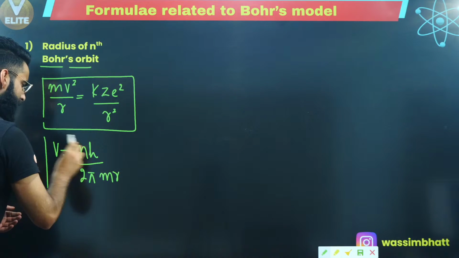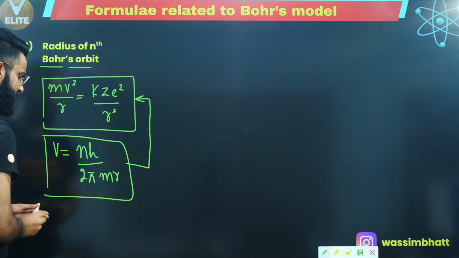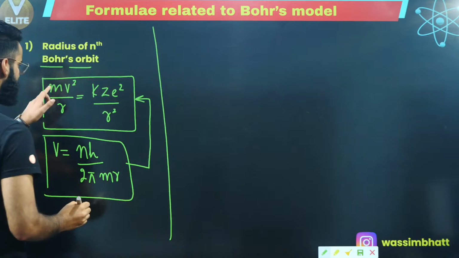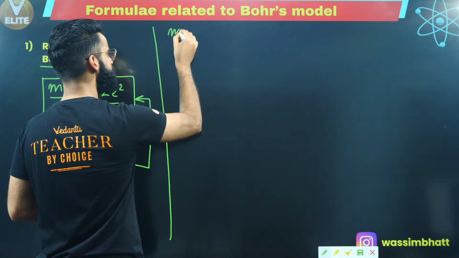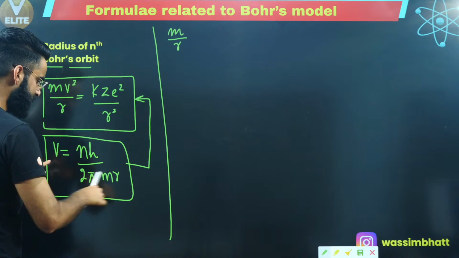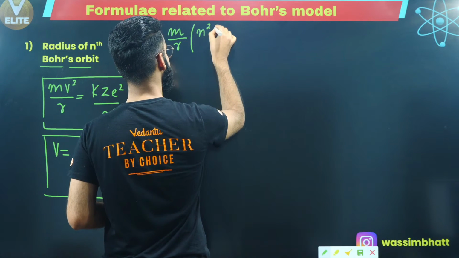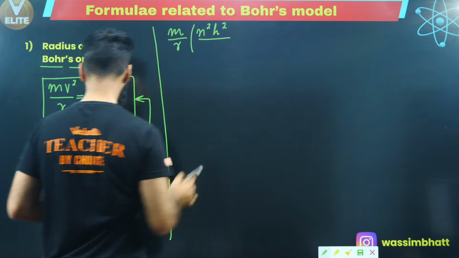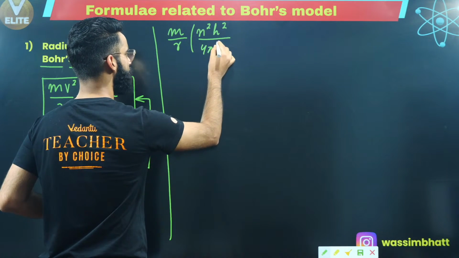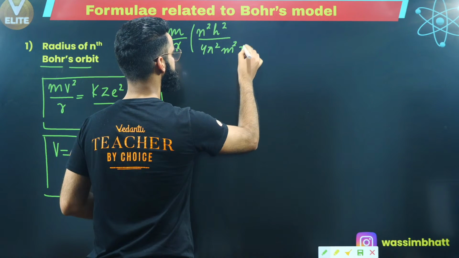Now people, understand. If I put the value of v into this equation, what do I get? m divided by r, I'm going to write as such. It is v square, so this part squared. v square means n square h square divided by 4 pi square m square r square.